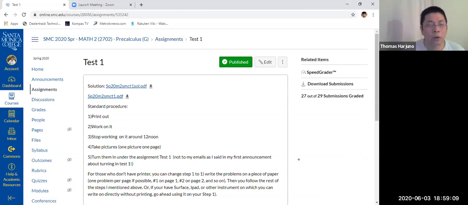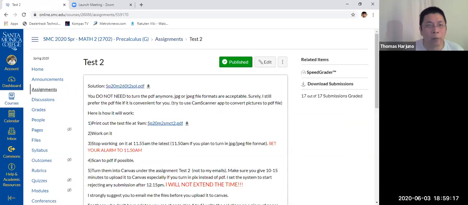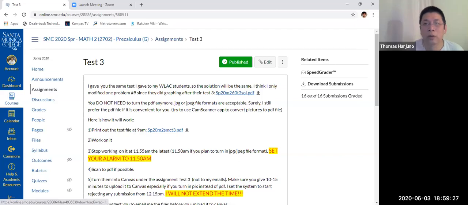And for your test 2, you see the solution here. I wonder if I posted the test 3 solution. Oh, test 3, yeah, I did. Test 3 solutions are here. Okay. Anything else? You're welcome.